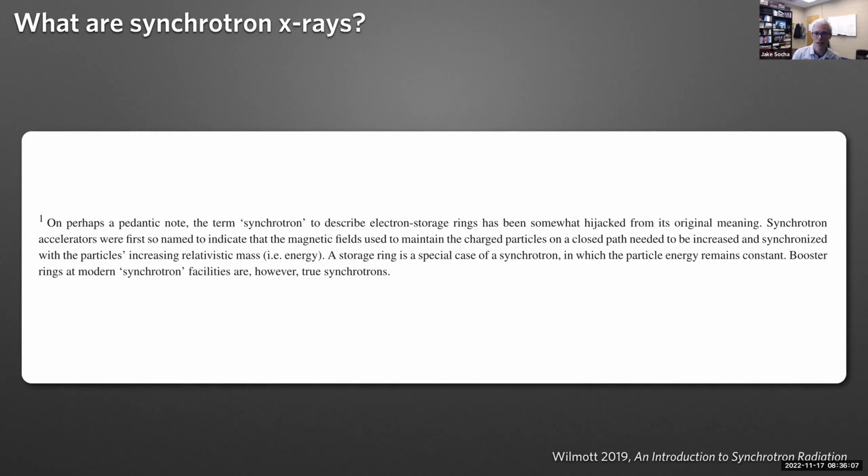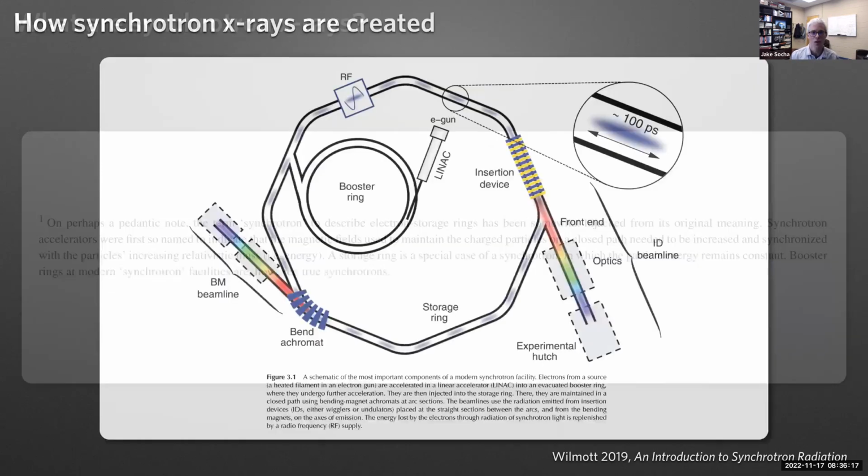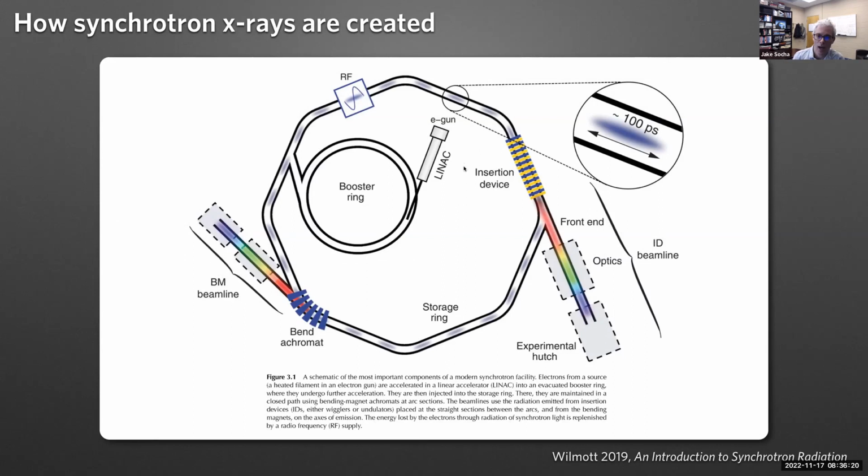Now, what's a synchrotron X-ray? Well, the bottom line is a synchrotron X-ray is a form of X-ray that's produced at a synchrotron. Let me show you what a synchrotron is. Essentially what you have is an E gun, meaning an electron gun. For those in the audience who remember large TVs, in your old style TV, there was an electron gun. An electron gun sprayed electrons onto the screen, and that's how you form the image.